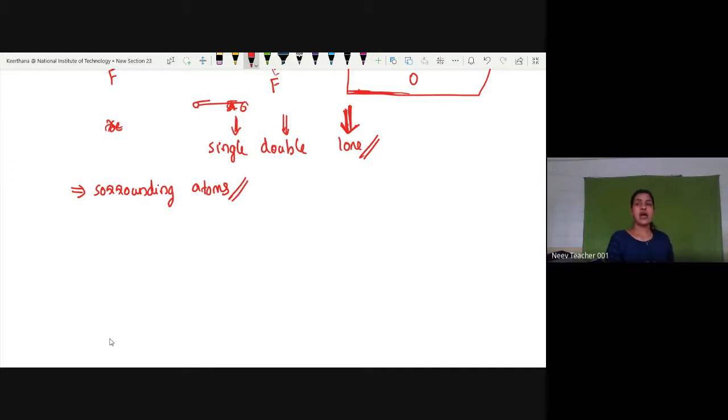So the electron cloud density on the central atom can be influenced by the electronegativity of the surrounding atoms. So when you consider an N-F bond, let's consider NF3 and NCl3.